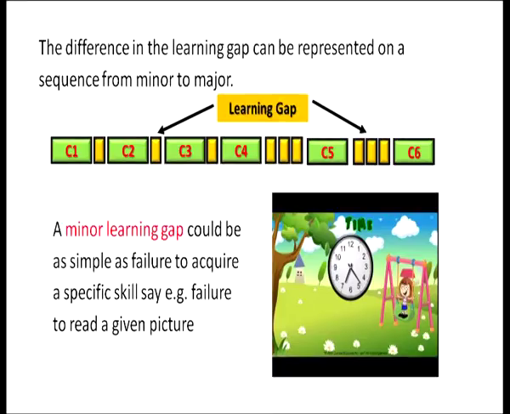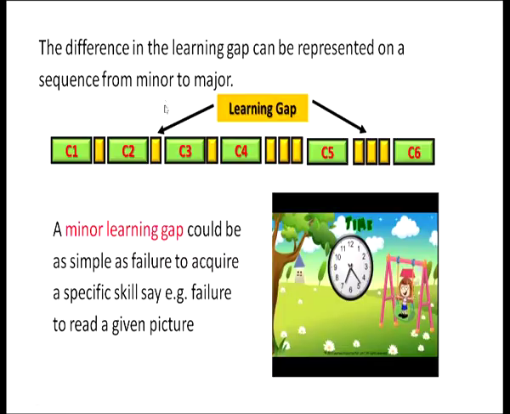The learning gap that we are talking about can be represented on a sequence from minor to major. If you look very carefully here, you have C1, C2, C3, C4, C5, C6. All these, from C1 to C6, are small fragments of content.